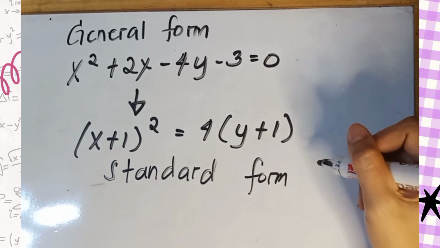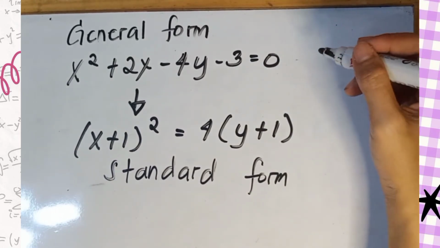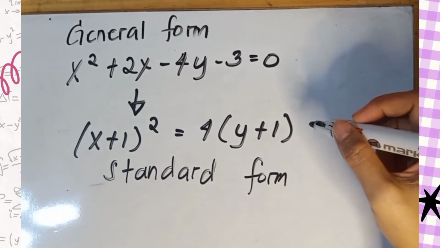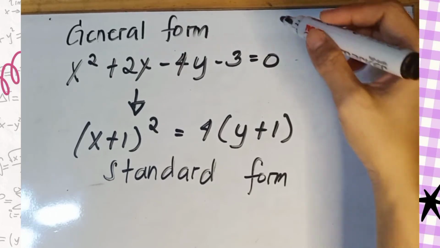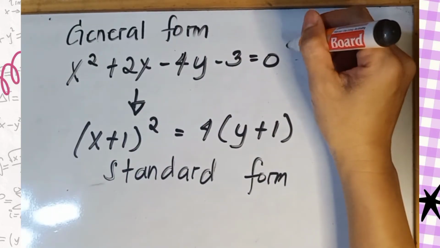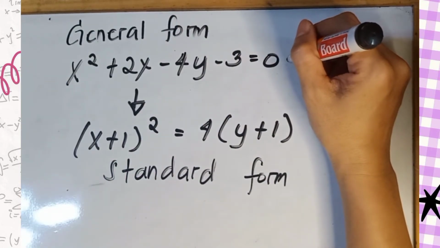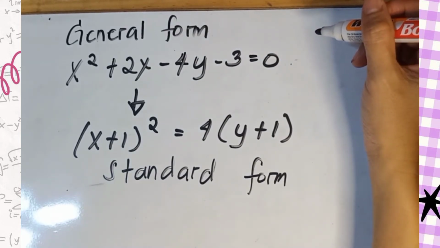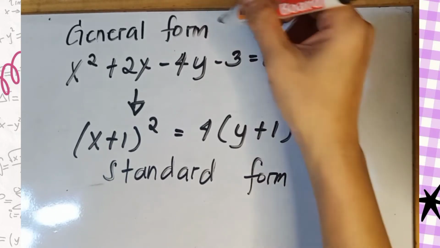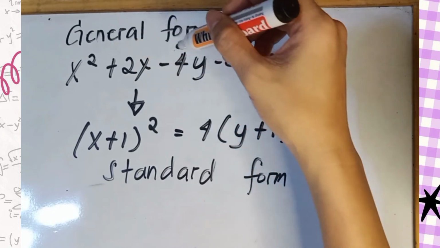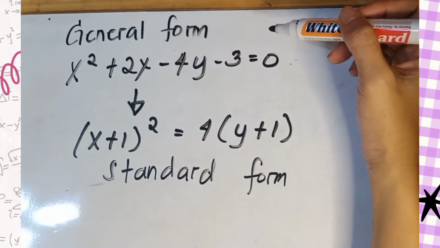So, bago natin i-solve or bago natin kunin yung equivalent niya sa standard form, let's just differentiate first what is the difference between general form and standard form. So, kapag general form siya, naka-equate siya or naka-equal siya sa 0 and it contains a degree of variables in decreasing order. So, naka-decreasing order siya, x squared and then 2x and then 4y and then the constant.